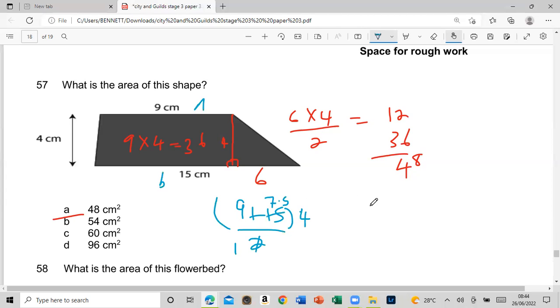So add that 9 and that will be 16.5 times 4. No, I have to add this first, 9 plus 15.